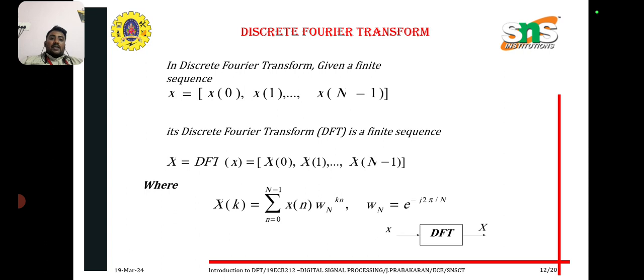Here capital N represents the number of samples, small n represents the sample index. Capital X of k represents the frequency domain. Small x of n represents the time domain. The input of the DFT is time domain and the output of the DFT is in frequency domain.